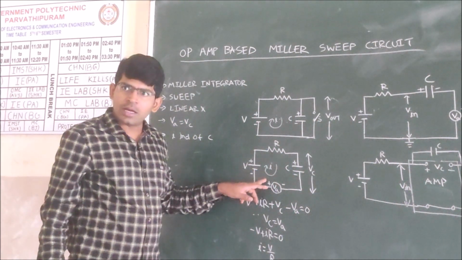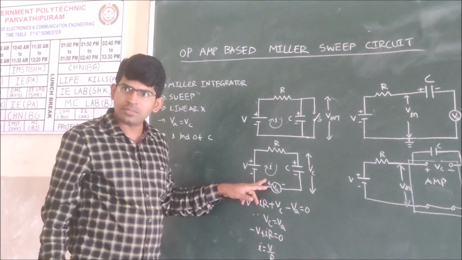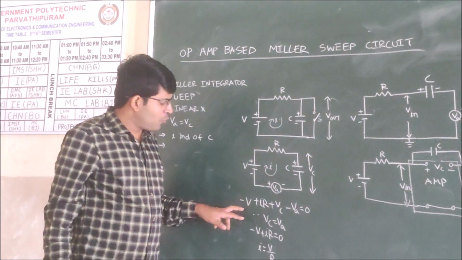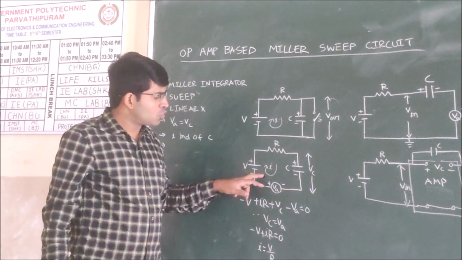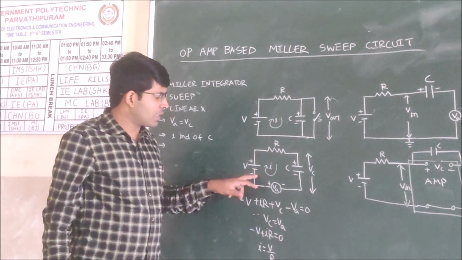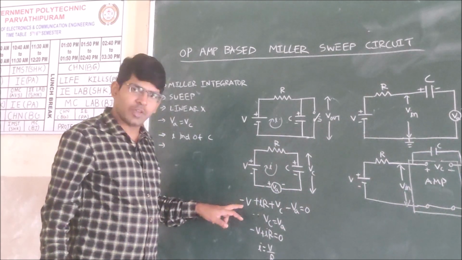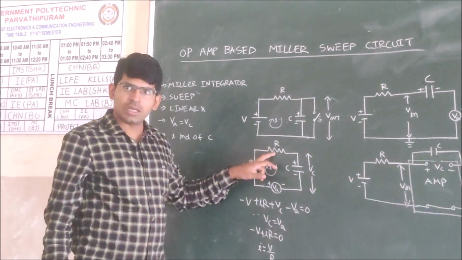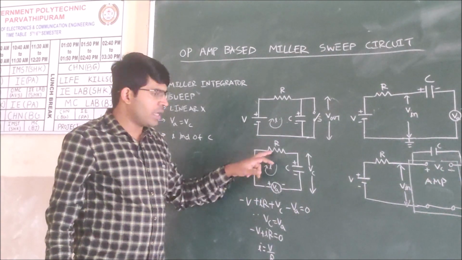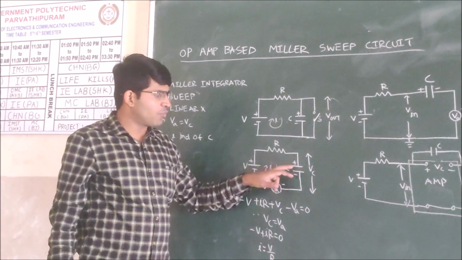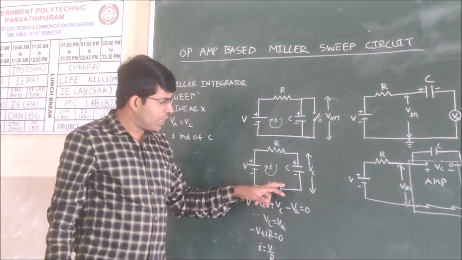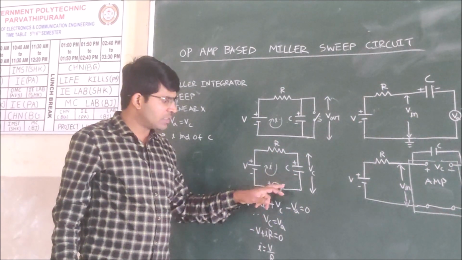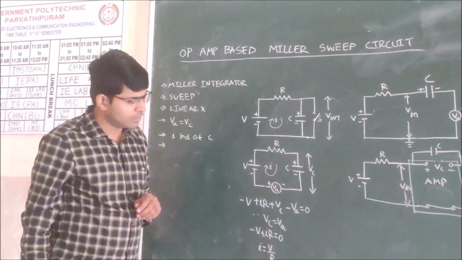By applying KVL, we take the current as entering here. The voltage here is IR, and the voltage here is VC, because current is entering at the positive terminal, and this is minus VA because current is entering at the negative terminal.